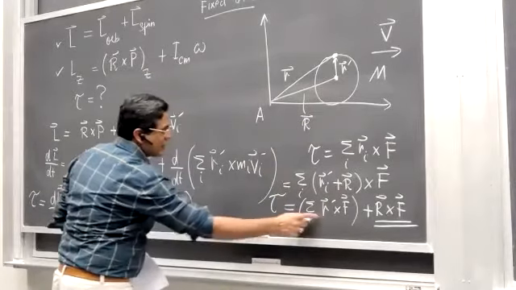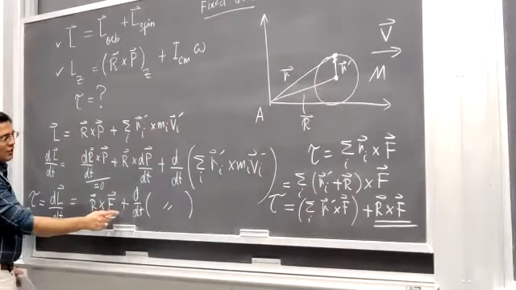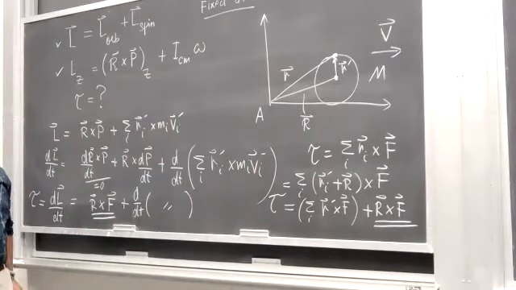Now, if I equate this torque with this torque, you see this r cross f term is the same on both sides. So that cancels on both sides.